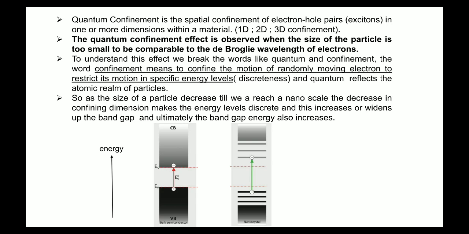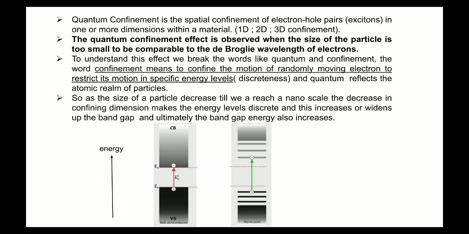That band gap has increased when the material is reduced from a bulk semiconductor to a nanocrystal semiconductor. The energy band gap shown on the right hand side for the nanocrystal material is bigger. It is represented with the green arrow, and the length of the green arrow is now greater than the length of the red arrow.